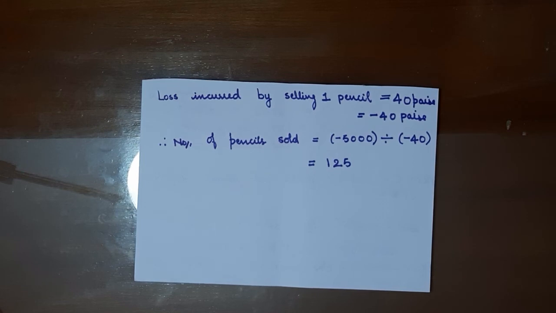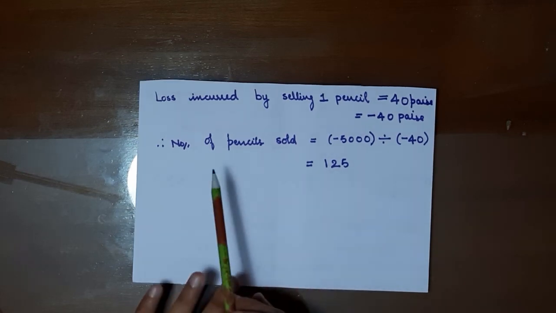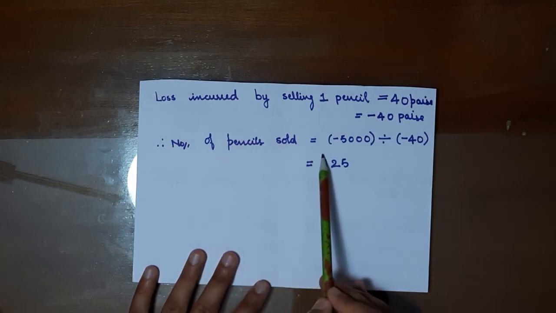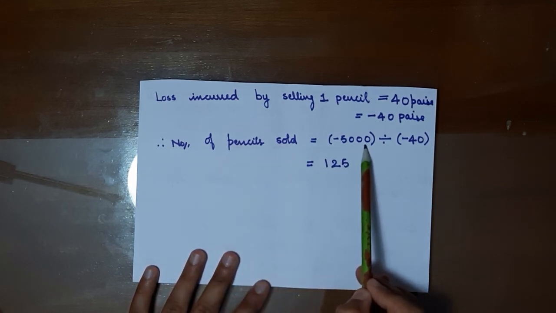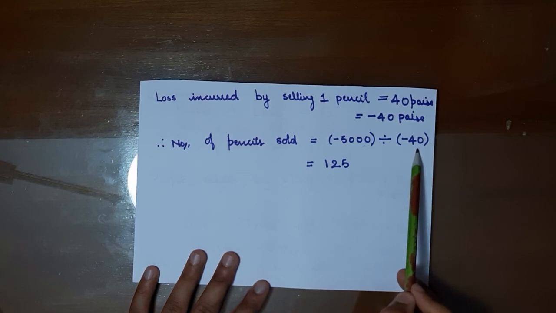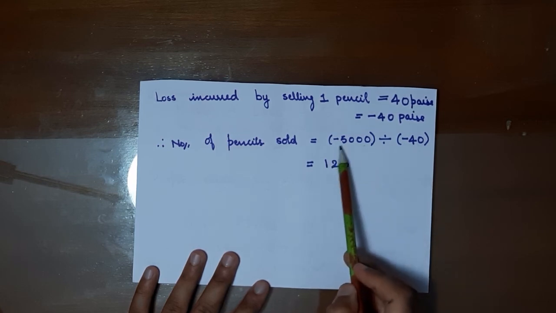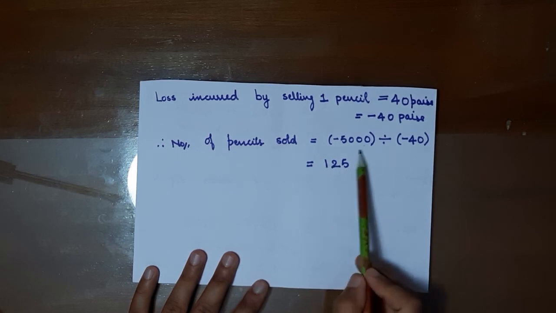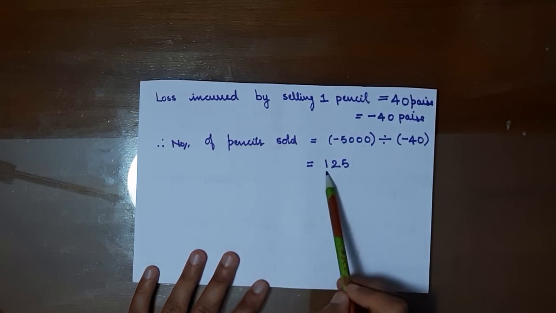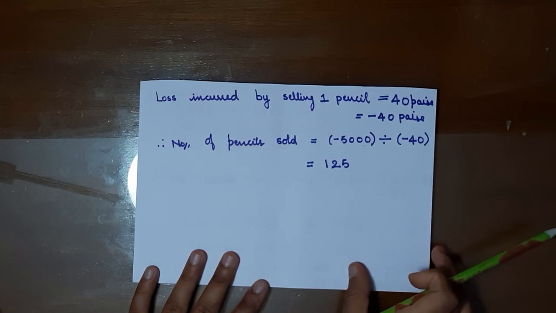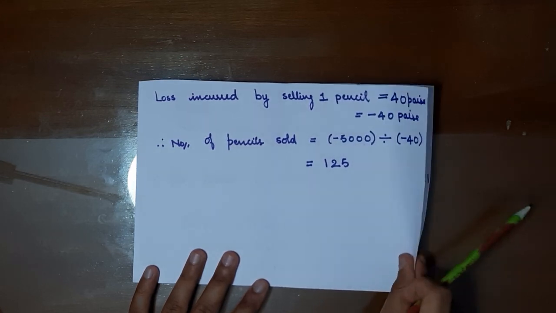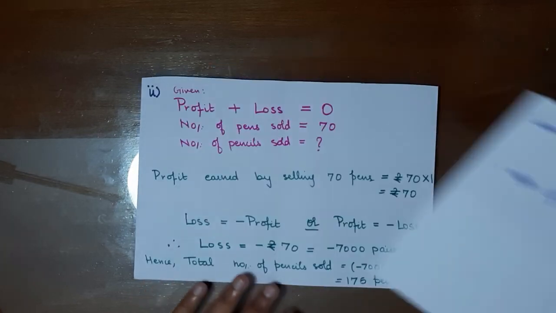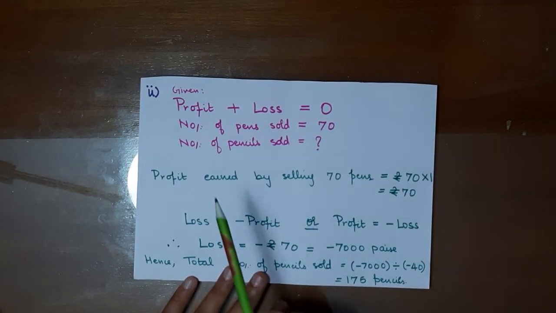That number of pencils sold is equal to minus 5000 divided by minus 40. Negative integer divided by negative integer is a positive integer. 5000 divided by 40 is 125. Therefore, she has sold 125 pencils.